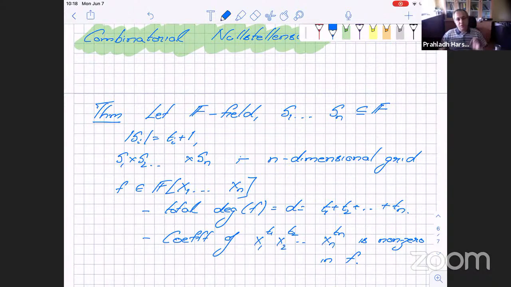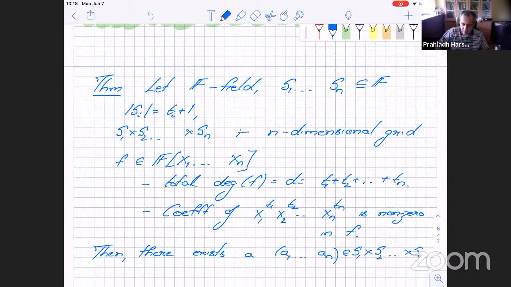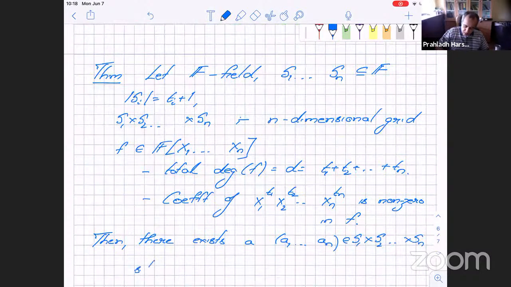The coefficient of this monomial is non-zero. Then I want to say there exists a point (a1, a2, ..., an) in the grid S1 cross S2 cross ... cross Sn such that f(a1, a2, ..., an) is not equal to 0.